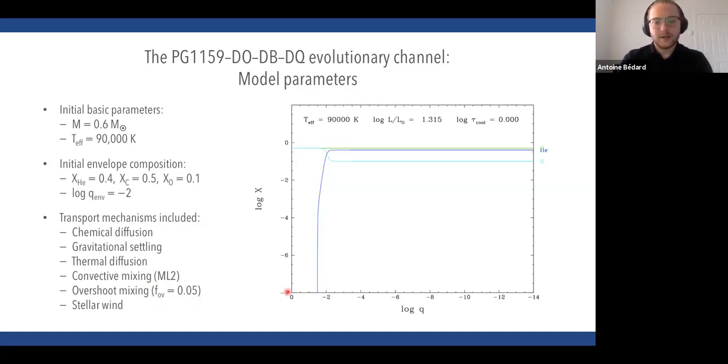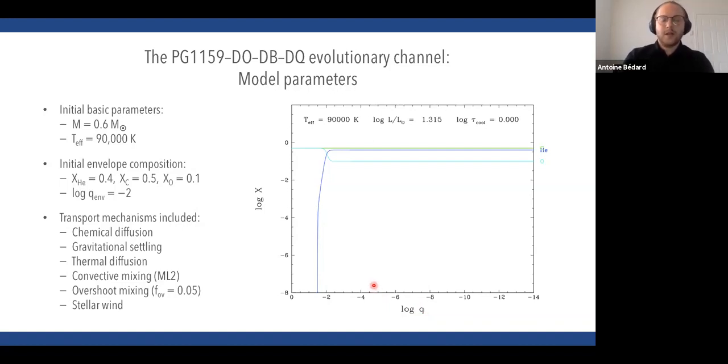So what you see here on the right is basically the chemical profile of the initial model. On the y-axis, you have the log of the mass fraction of the various elements, and the x-axis is a measure of depth into the star. This quantity Q represents the fraction of the mass above a given point.